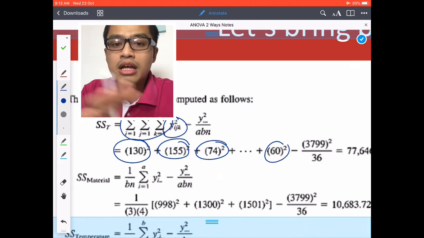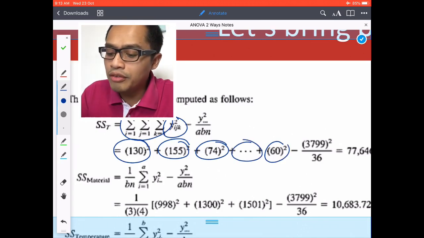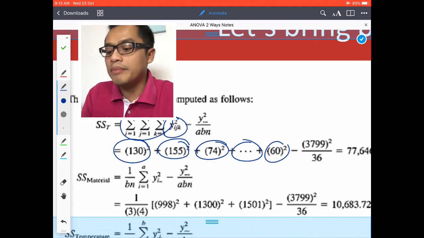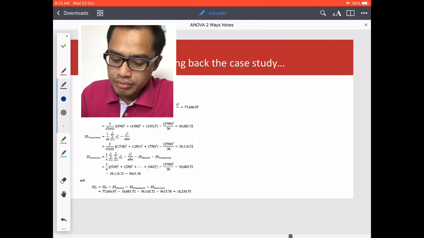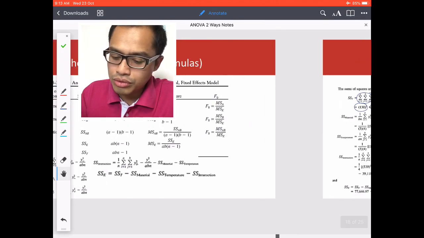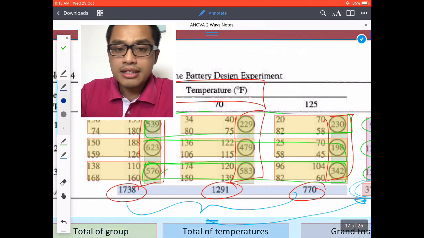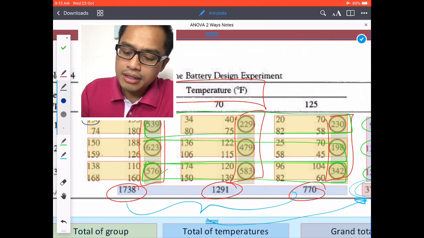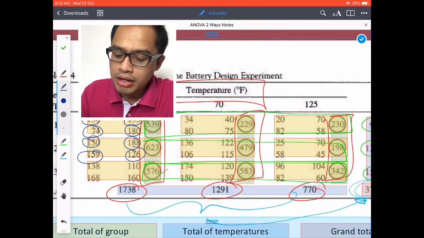Square them first, then add. 130, 155, 170. I allow you to do this dot dot dot to save your time and write the final number. So how do we get this number? Let's go to this slide. So you can see here, this blue ink will circle this one squared plus this one squared plus this one squared. One by one.